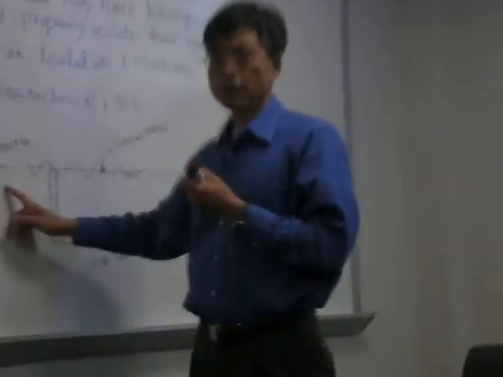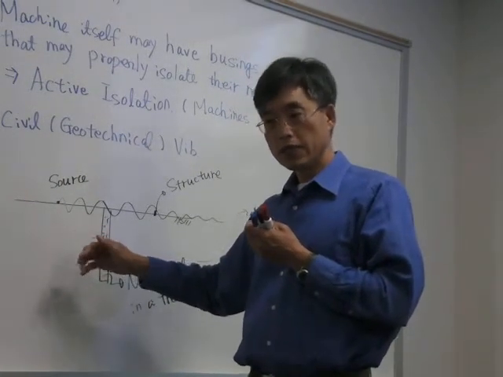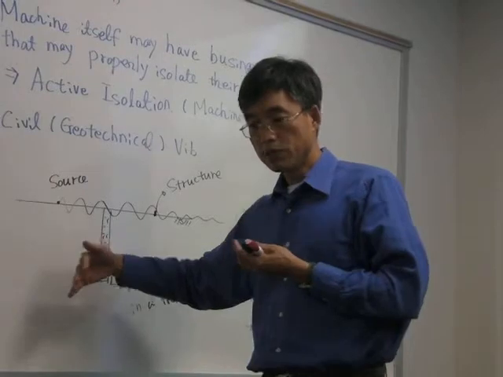Maybe it's a good time to answer your question because you already asked me that question. If you want to isolate the vibration completely, that means you have to isolate this source completely. Then it will be good to everybody. But let's say you have the subway vibrations.